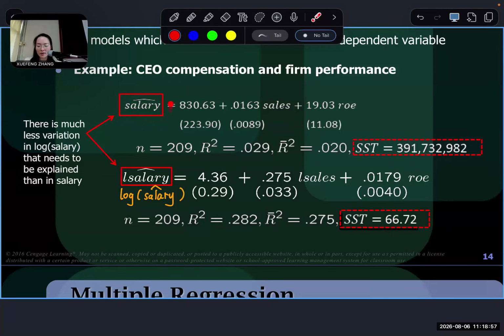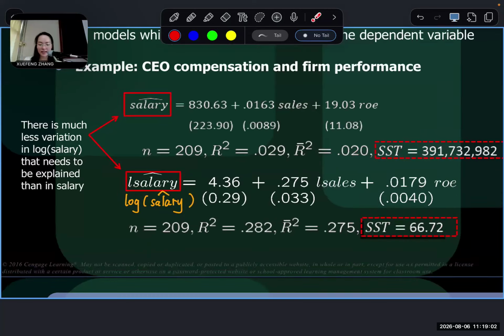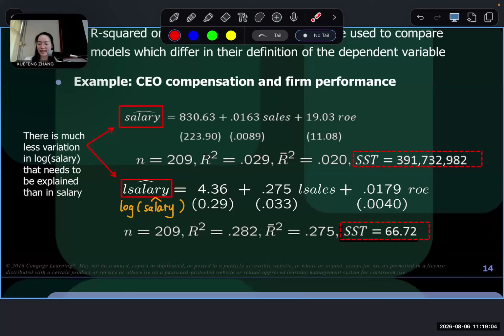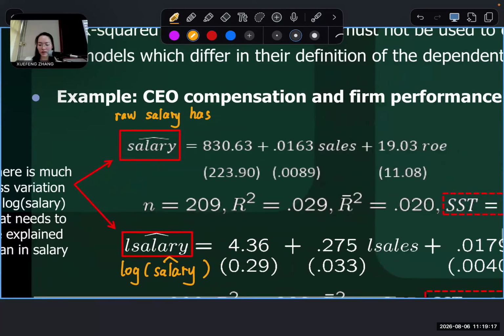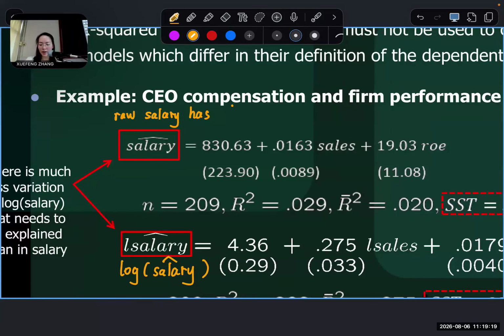Raw salary has huge variance, okay? That's why we get SST way too big.